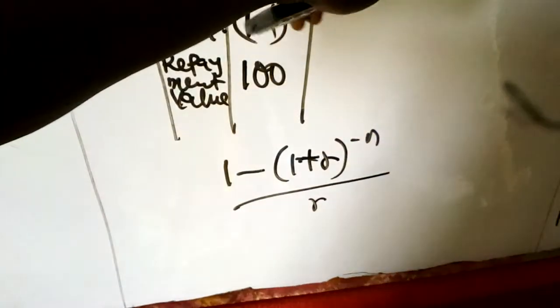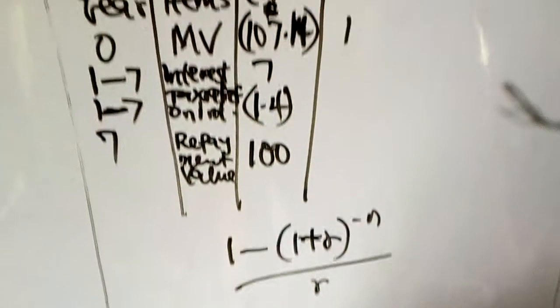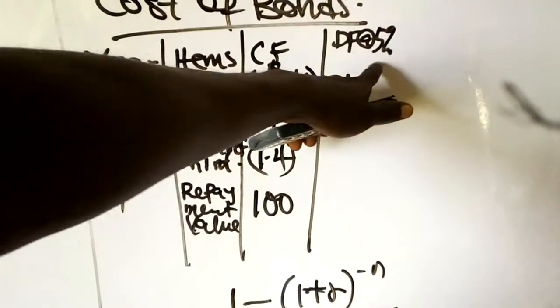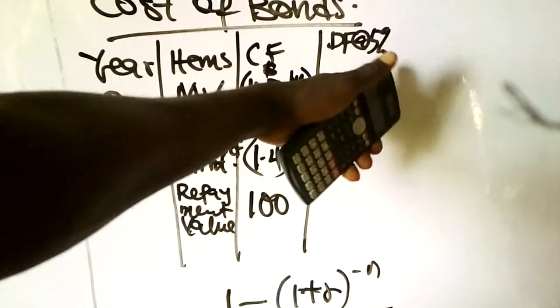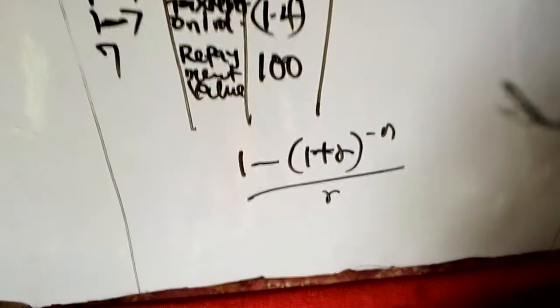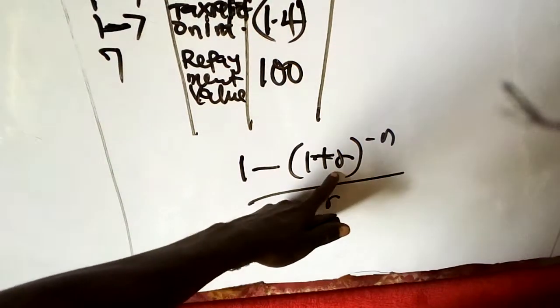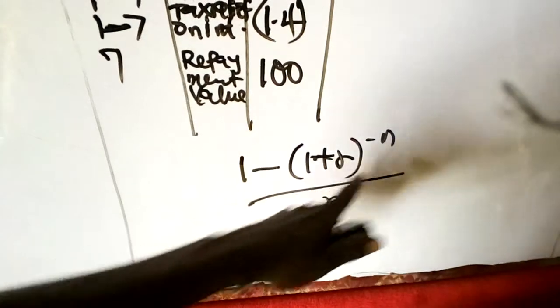Our r is 5%, so we've assumed 5% as our discount factor. That means you substitute 5% for r. Our n is the number of periods, which is 7 years.